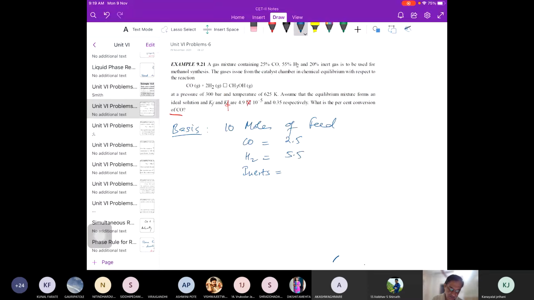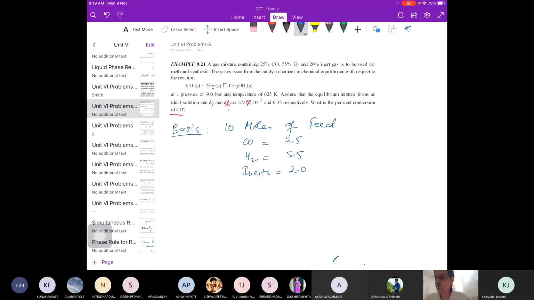And inerts? 2. So with this basis, now calculate the conversion. First calculate epsilon, then we'll calculate conversion. It's a similar problem, nothing different.